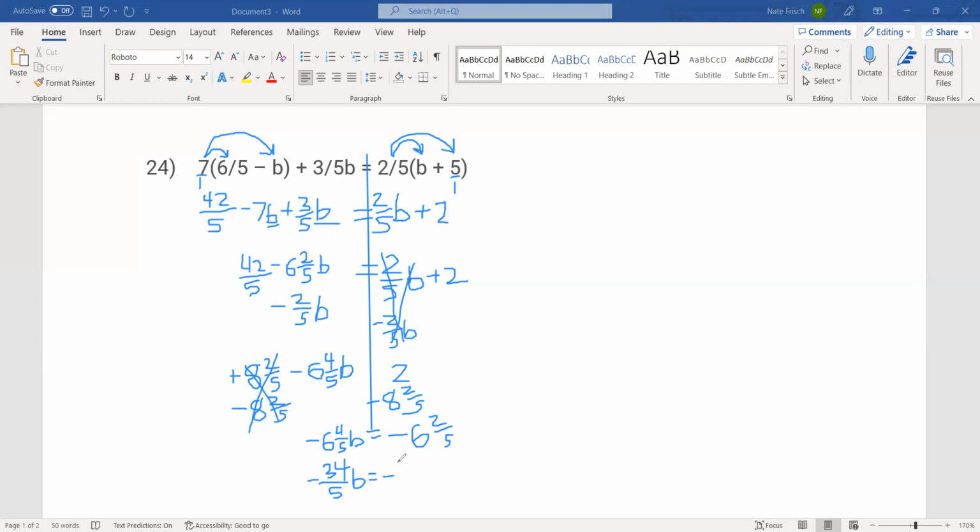Should give me a negative 32/5. All right, so right now b is being multiplied by a negative 34/5. To undo that, I multiply by its reciprocal. The reciprocal of negative 34/5 is negative 5/34. So we just flip it.